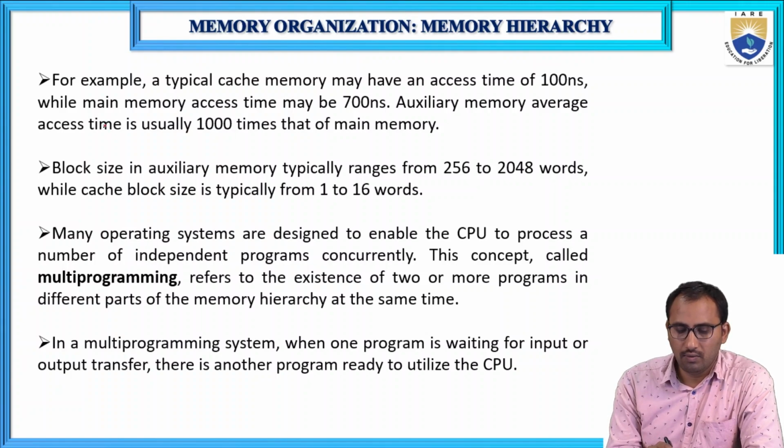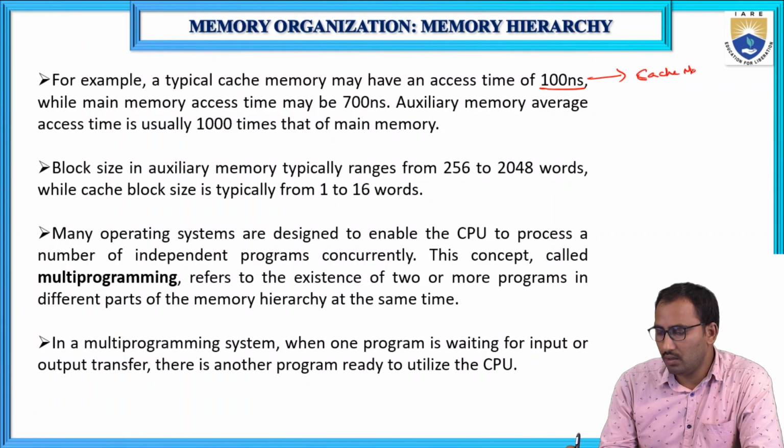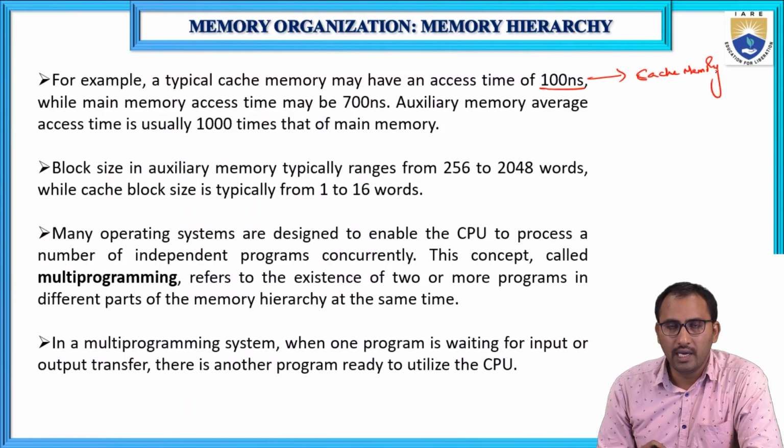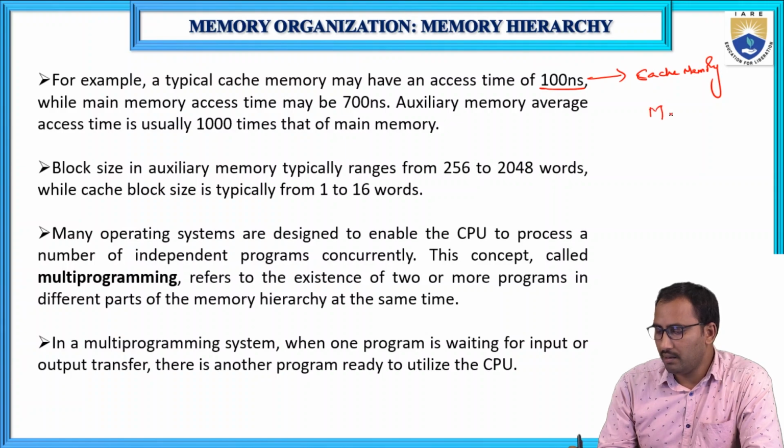See here, for example, a typical cache memory has an access time of 100 nanoseconds. This is the access time of the cache memory, which is very fast. After the cache memory, the fastest memory is the main memory.